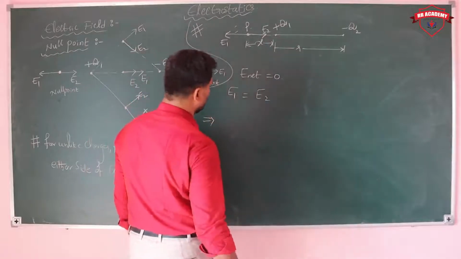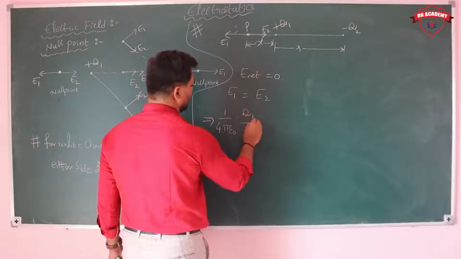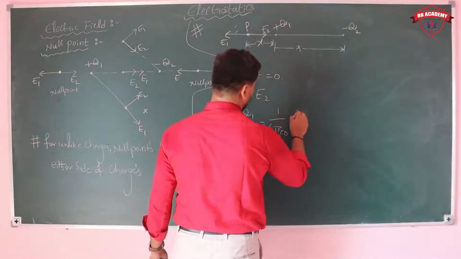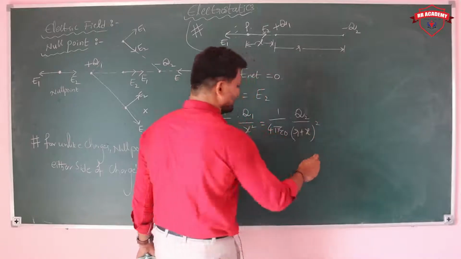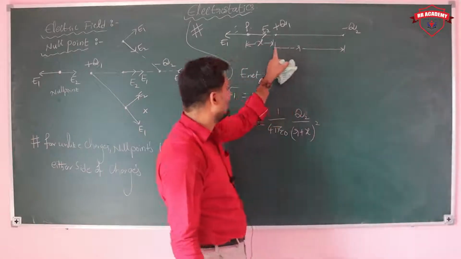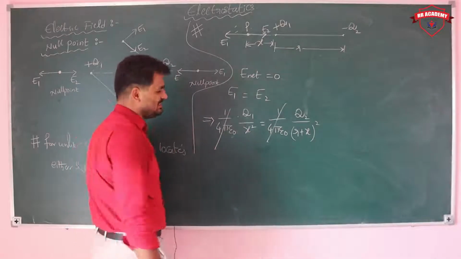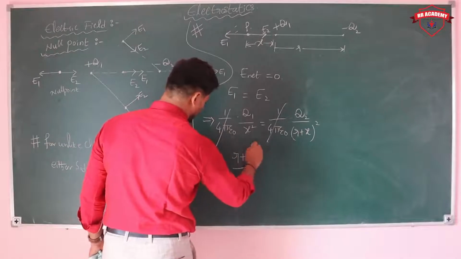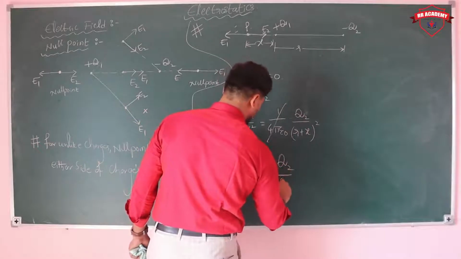E1 is equal to 1 by 4 pi epsilon naught Q1 upon x square. E2 is 1 by 4 pi epsilon naught Q2 upon (R plus X) whole square, plus X because the null point is on the outer side: from here to here R, here to here X. The 1 by 4 pi epsilon naught cancel. The (R plus X) whole square goes here: (R plus X) by X whole square is equal to Q2 by Q1.